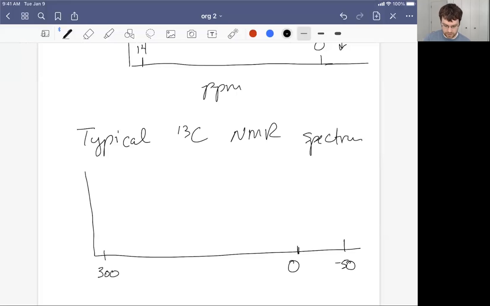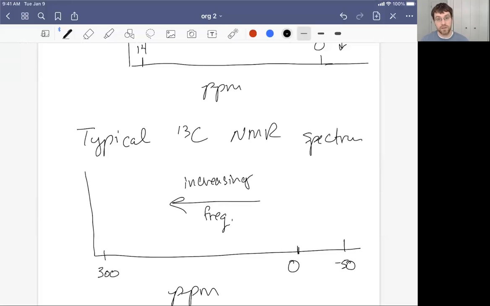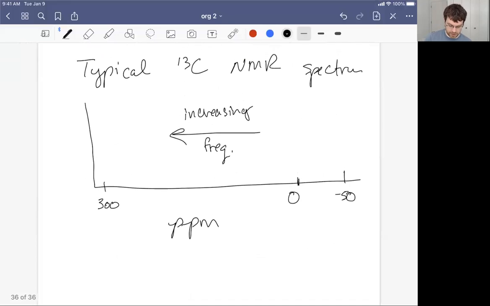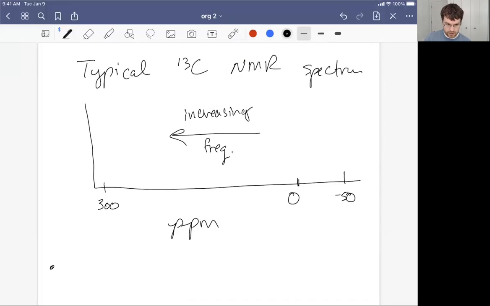So once again, we're going increasing frequency, because increasing frequency correlates directly with parts per million. So we're going to label this parts per million, but I want you to think of it as frequency. And we're going to go from left to right, going smaller in terms of the ppm value and thereby the frequency value. I cannot emphasize this enough, how these correlate with each other.